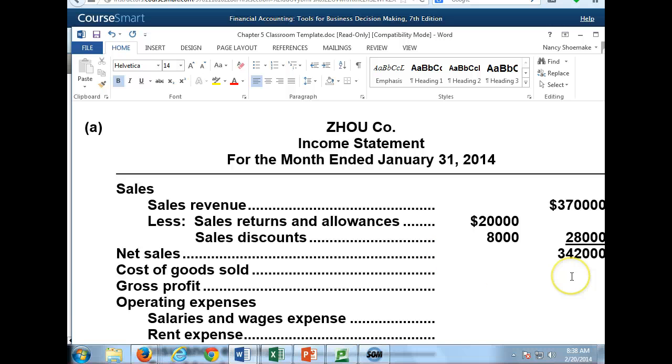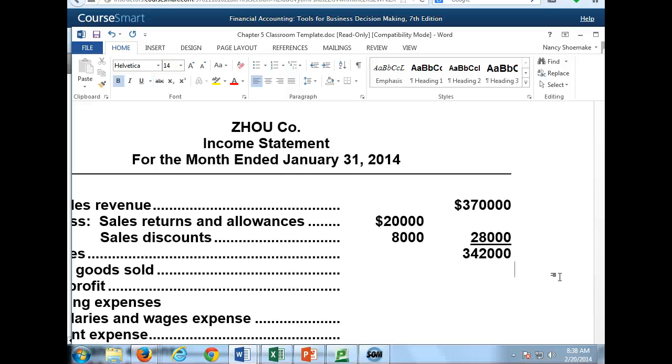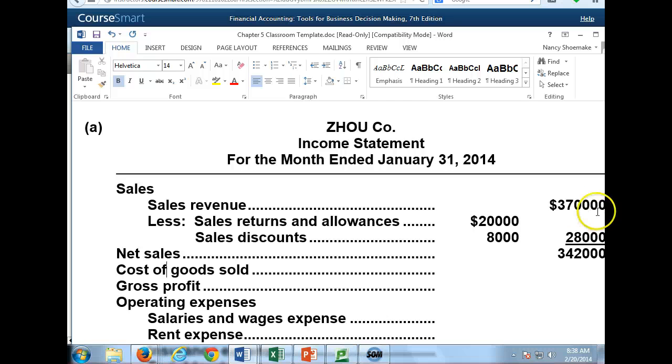And then what about our cost of goods sold? $212,000. Which gives us a gross profit of $130.